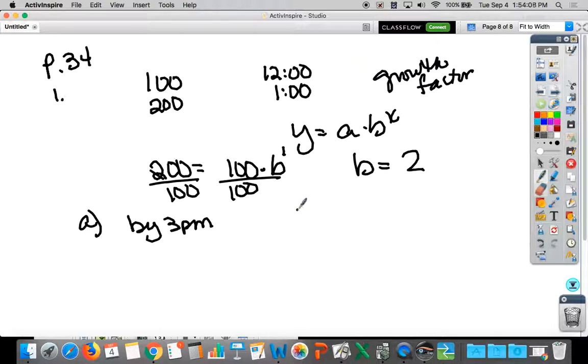Okay, so this would be y equals, we still have the initial value of 100 times my growth factor of 2. Now, what is my x? 3. So from 12 o'clock to 3 was a change of 3 hours. So that's going to be 800 people have heard it by then.